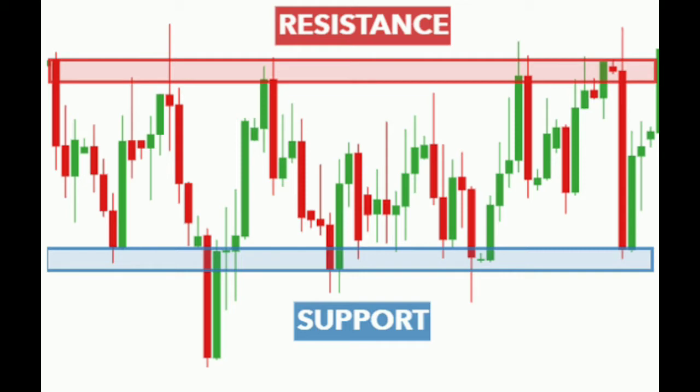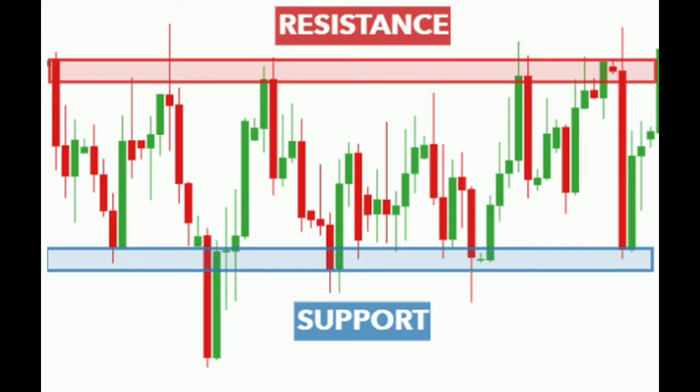As a Forex trader, you can either buy or sell in the Forex market. When you're buying, you're saying that the market is going upwards. When you're selling, you're saying the market is going to come downwards. You normally buy at your support level and you sell at your resistance level.